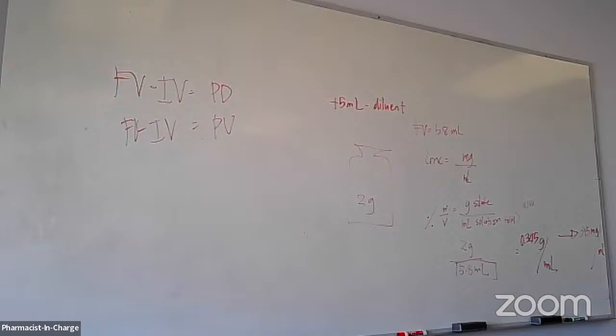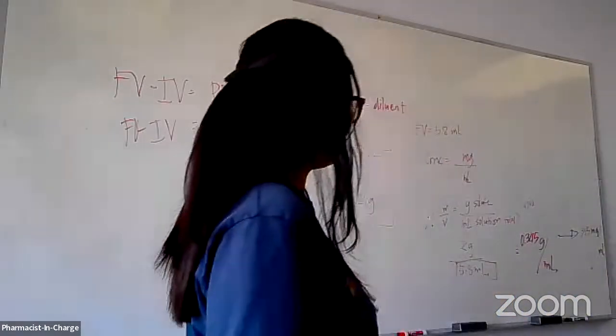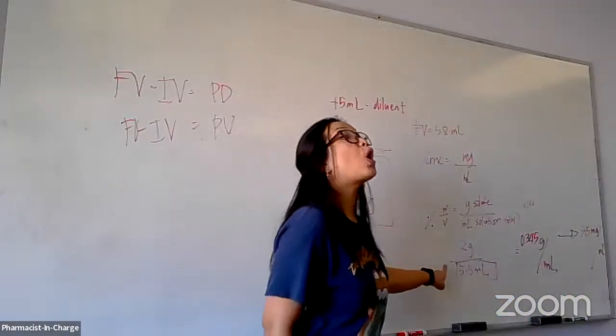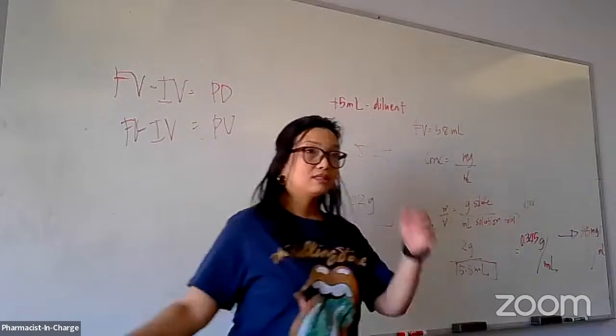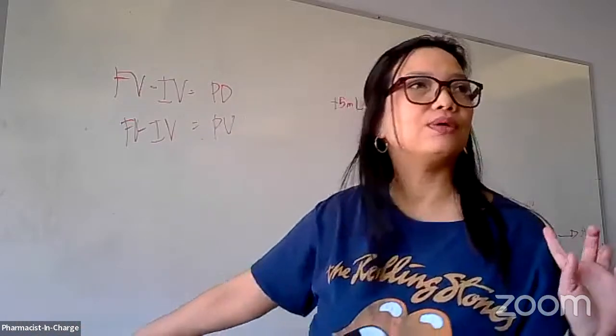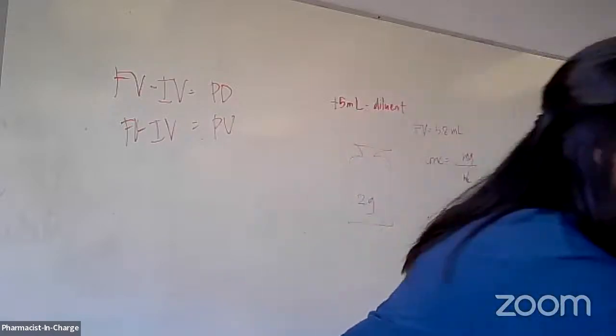Still got 345. No, that's not how it goes. That's a coincidence. It has to be weight of solute over total volume of solution. Remember concentration? Always, the denominator is total. Who understood this one?